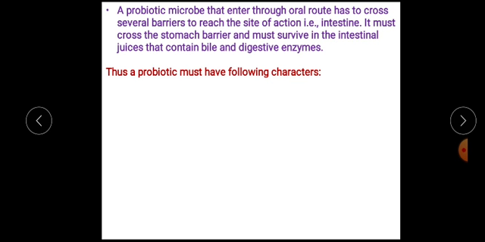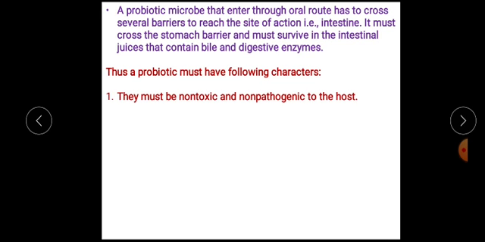It should be able to cross all these barriers so that it will enter the intestine. So a probiotic microorganism must have the following characteristics. They must be non-toxic, of course. They should be non-pathogenic and non-toxic to humans.